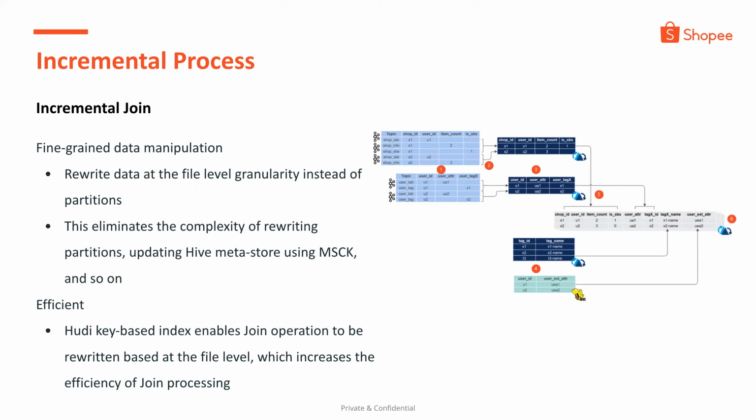The second is that file level data modification increases the processing efficiency. This is because Hudi stores records by its record key, so we don't need to fully join in this case.